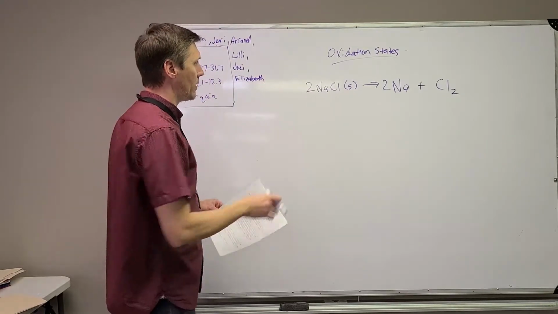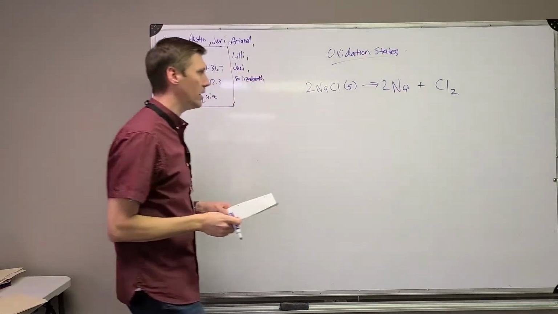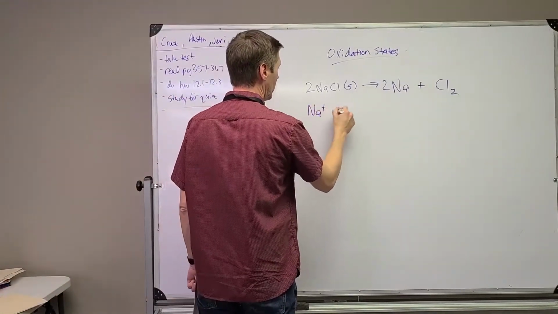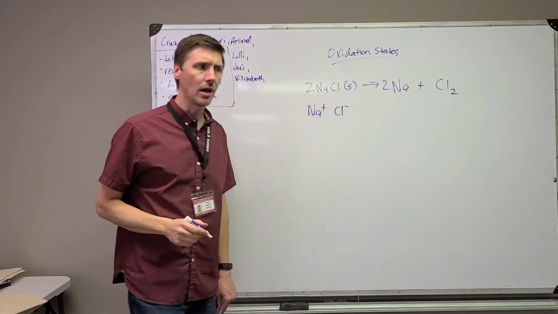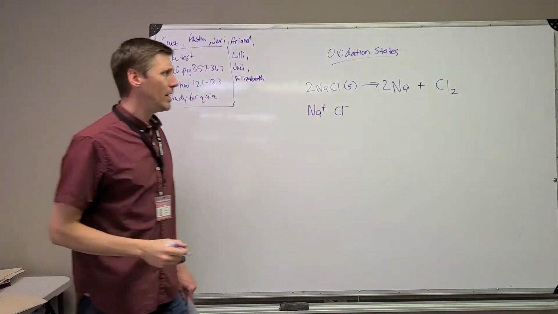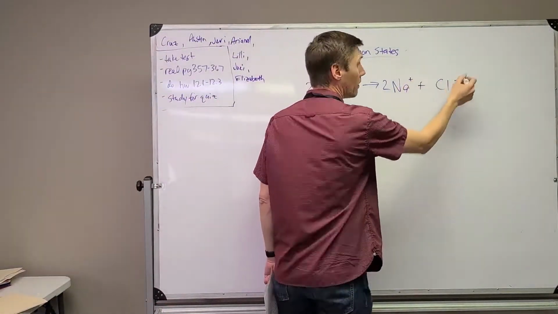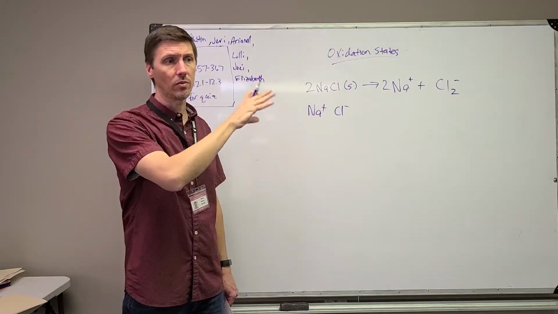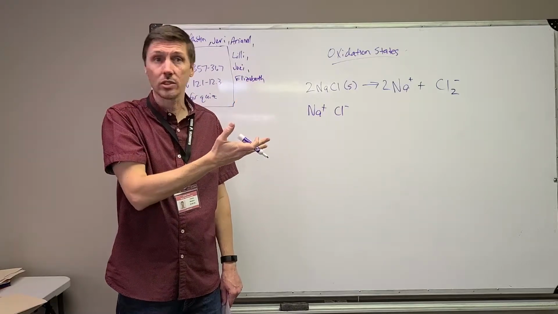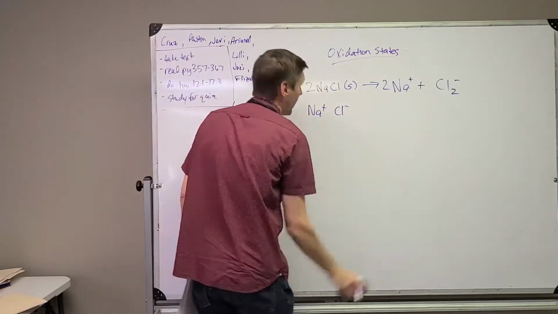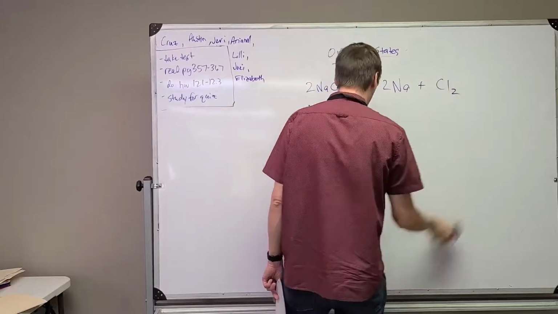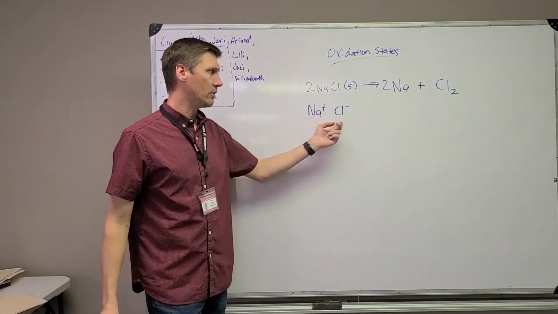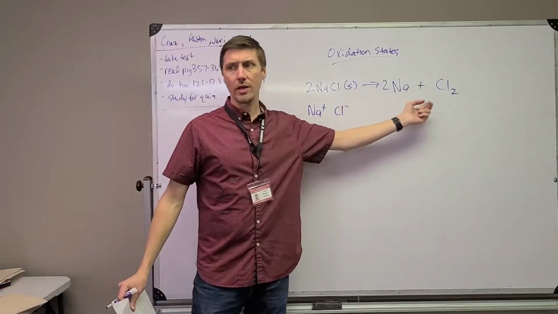If those break apart, remember what you've got over here is Na plus and Cl minus as ions. Well, I didn't write any charges on any of these over here. If they've got a net charge when we write them by themselves, we've got to add that charge into the chemical equation. I didn't do that. So if the Na is carrying a positive charge here, and the Cl is carrying a negative charge, why is it that they don't have any charge over here?